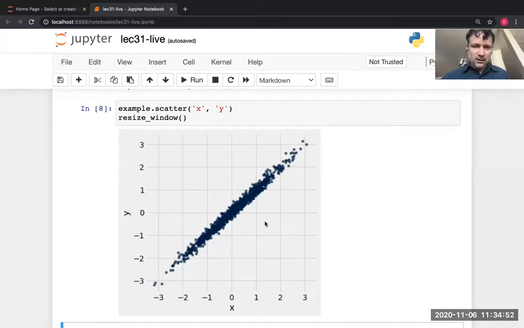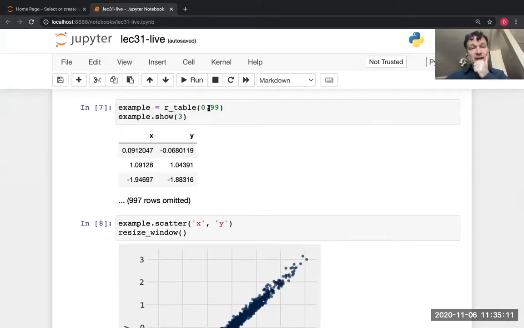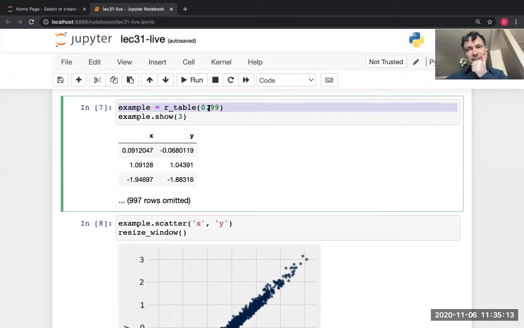So you can see 0.99 corresponds to points that are very closely clustered along a straight line. What this code is doing is generating a synthetic data set. This is not real data. It's just data that was randomly generated by a particular procedure that's designed to give you data that has a correlation coefficient of 0.99.